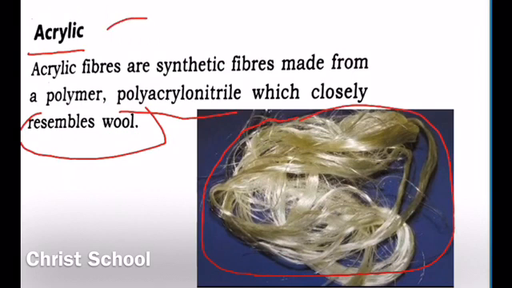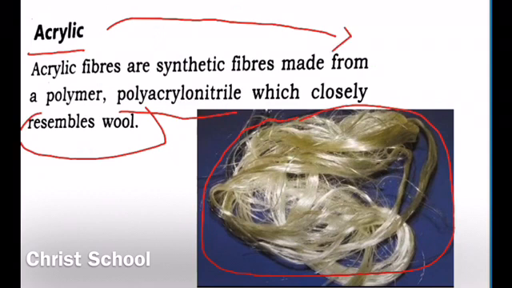The properties of acrylic fibers are almost similar to that of wool. So we know that wool is a natural fiber. And what are the specialities of wool? Which property of the wool is the important one? The main property is that wool is very warm. Especially for making winter clothes, we use the wool fibers.